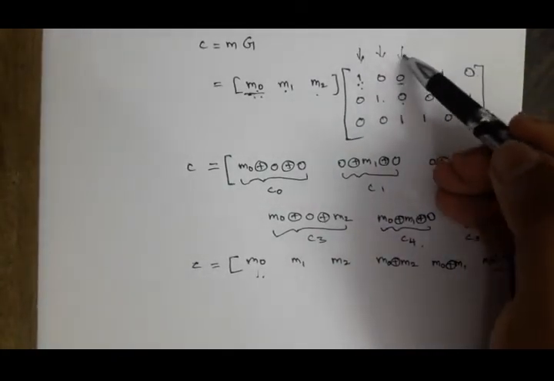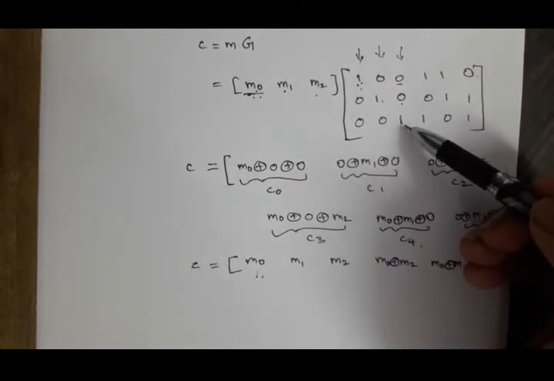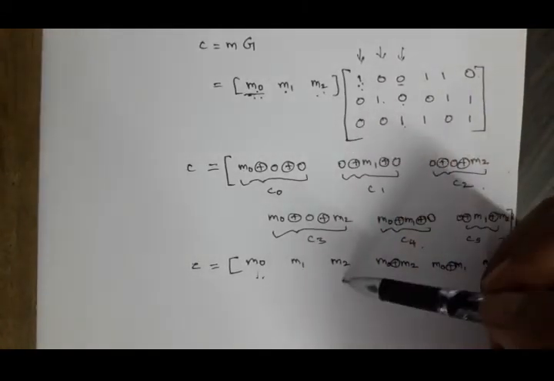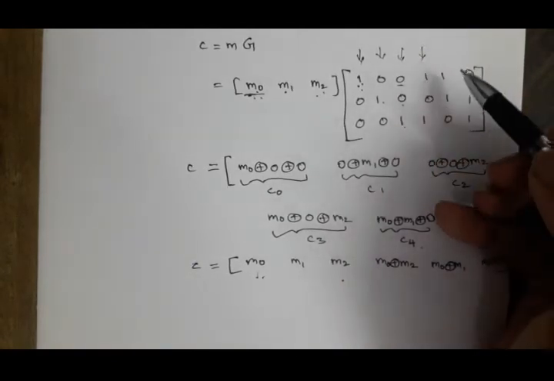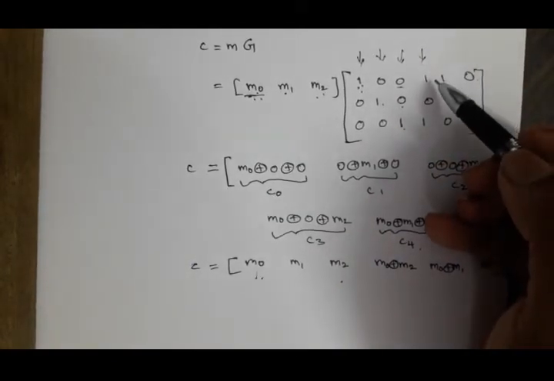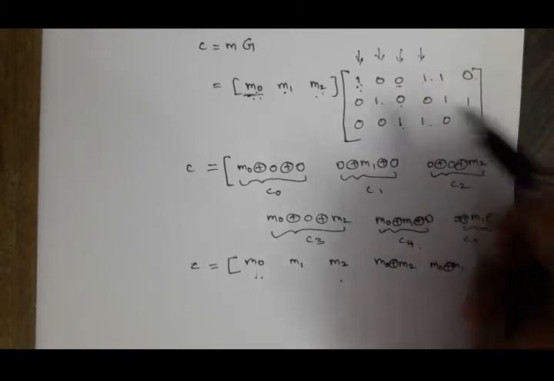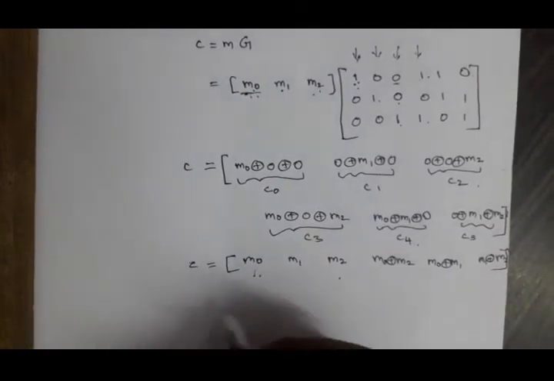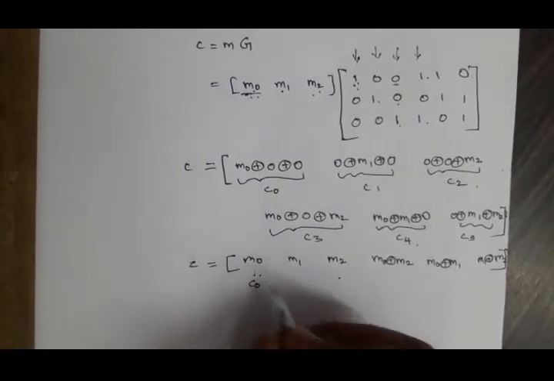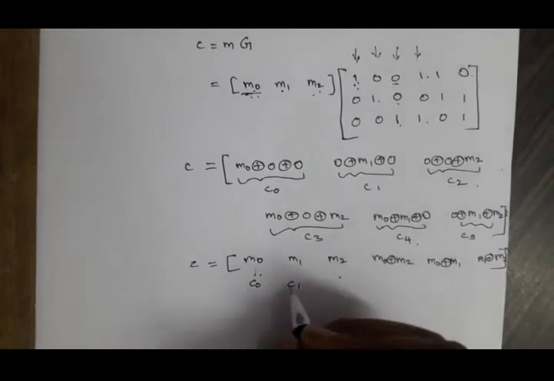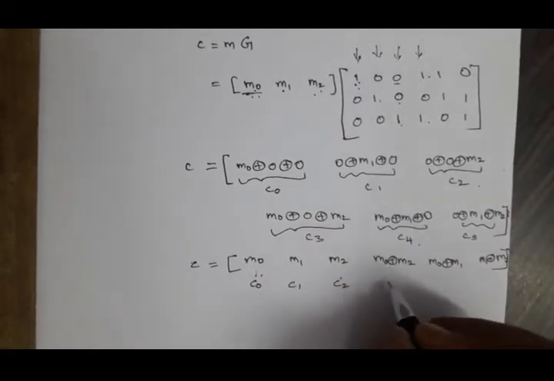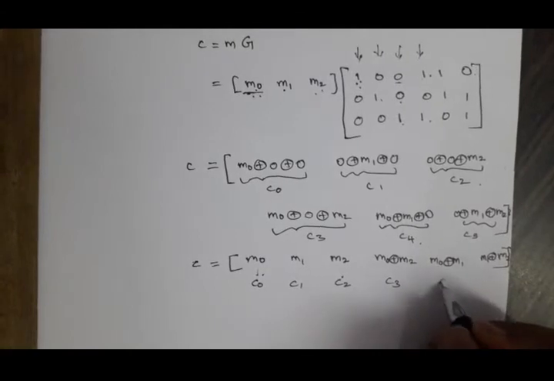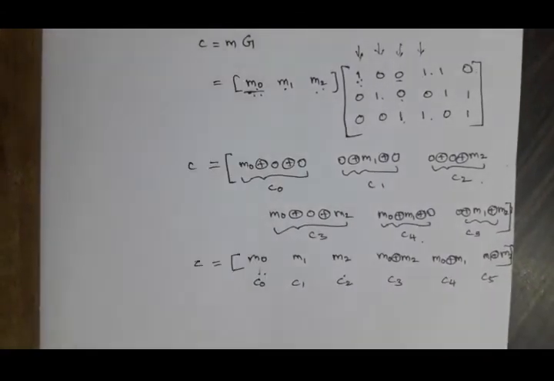The third column consists of 1 in the third row, so m2 is taken, and the fourth column consists of 1 in both the first row and the third row, so we have to take m0 XOR m2. So C0 will be equal to m0, C1 will be m1, C2 will be m2, C3 will be m0 XOR m2, C4 will be m0 XOR m1, C5 will be m1 XOR m2.